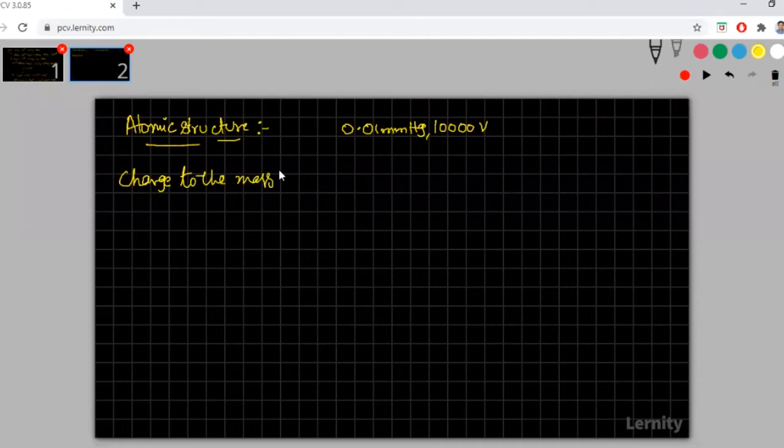What is the other name of charge to mass ratio? Charge to mass ratio is also named specific charge. That is e by m. This is also called specific charge, and it was measured by the famous scientist J.J. Thomson.